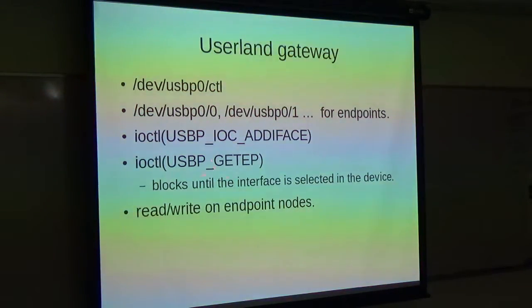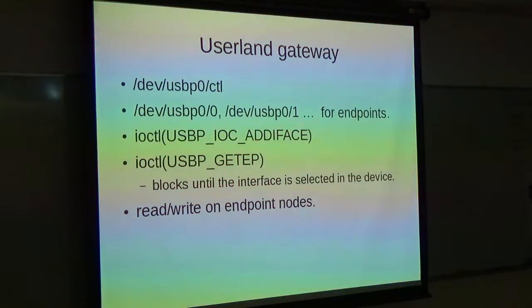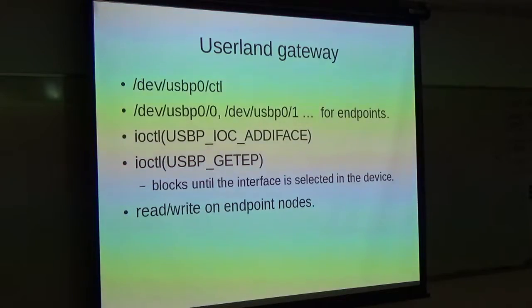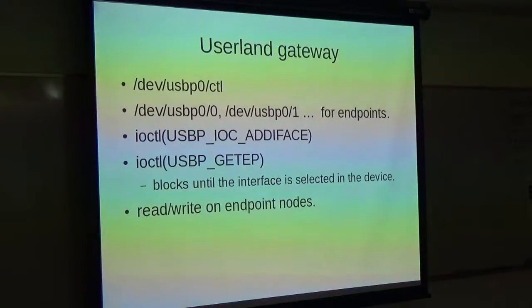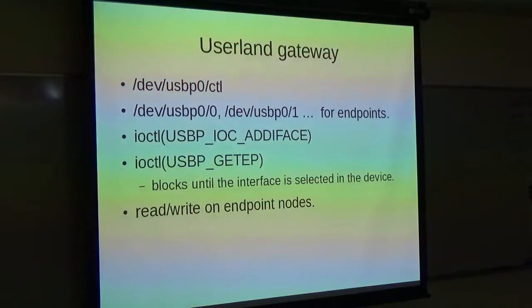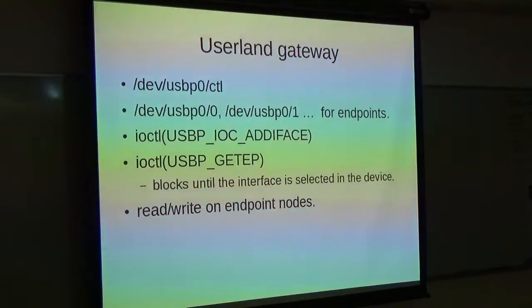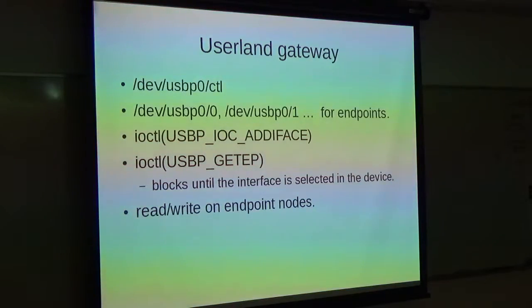And once you get the endpoint, you can open these endpoint nodes based on the endpoint number. Reading or writing those device nodes means you read or write the endpoints, actually. This is how our Userland program runs for implementing the USB device function.